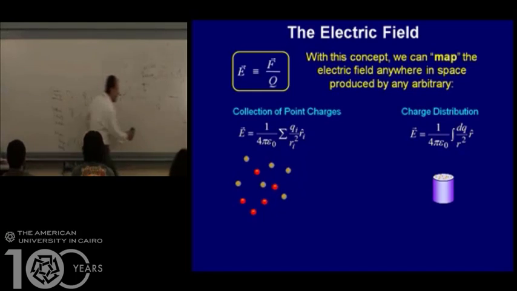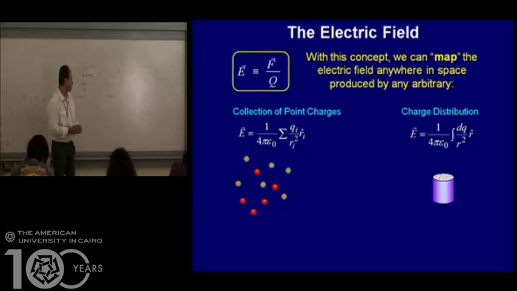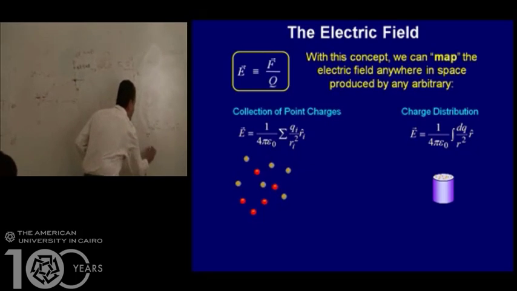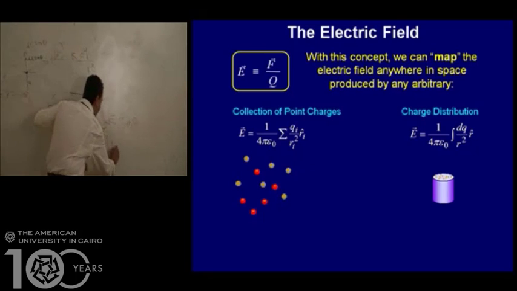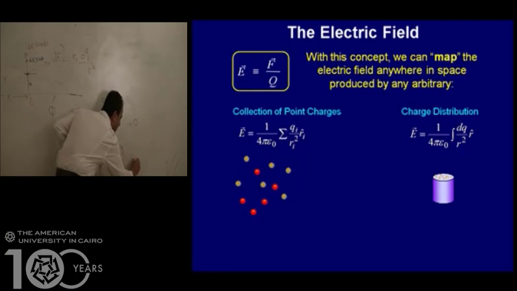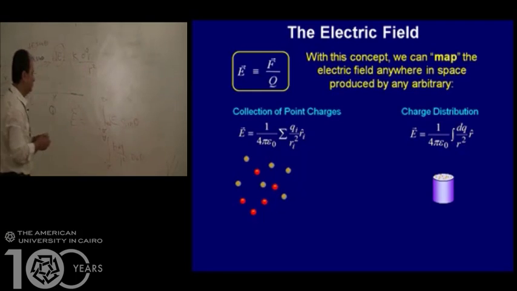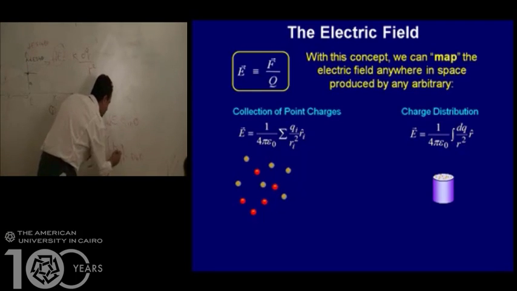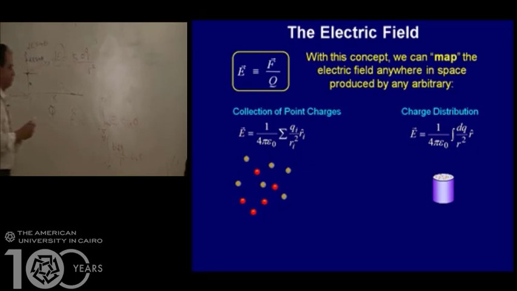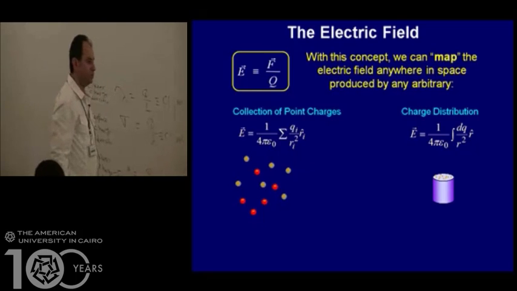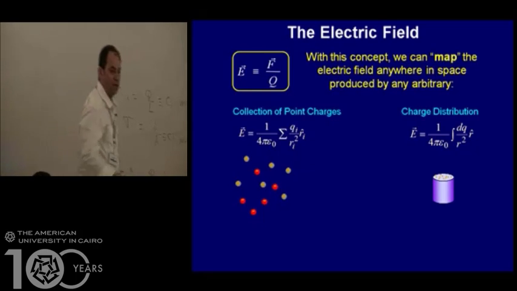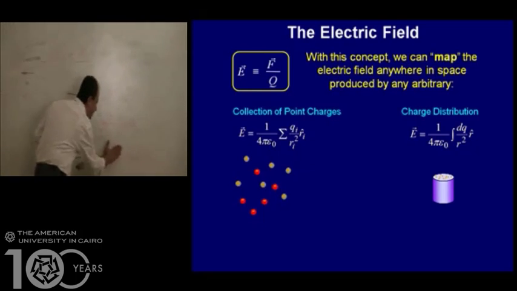Okay, I'm going to go back to this. This is one way to do it. There's another way to do it. Again, let me finish. K dq over r squared sine theta. dq, that's lambda dx.